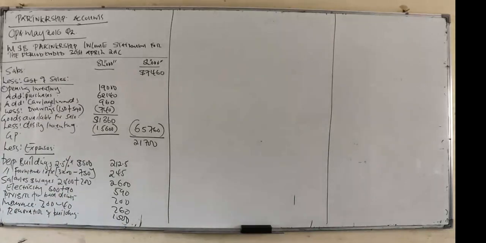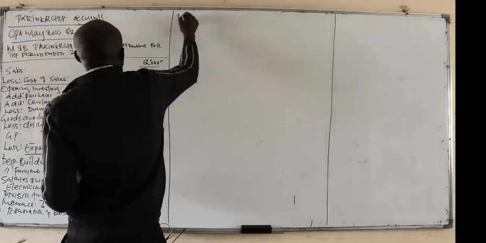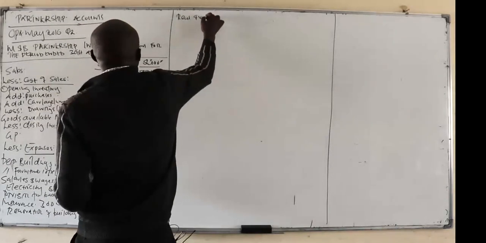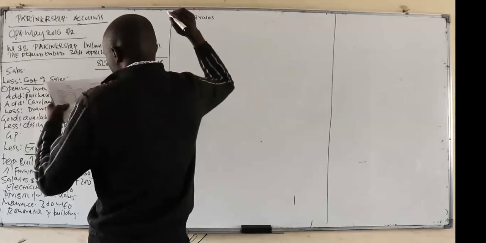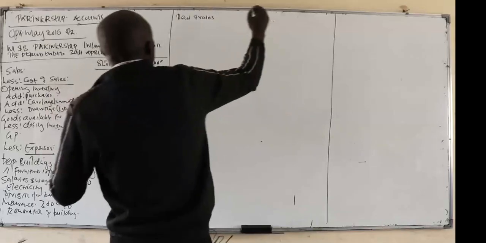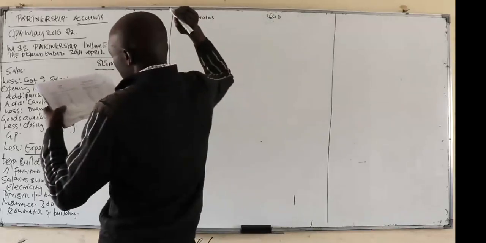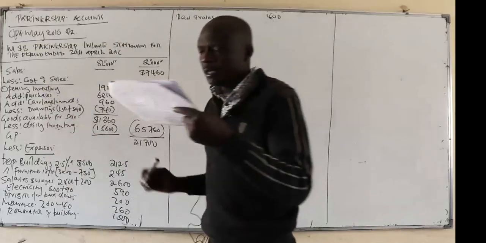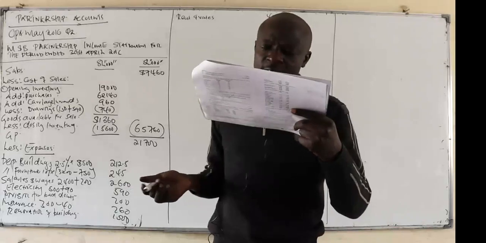From there, you go to sales, purchases, rent and rates. How much is it? 400. So you have there 400. Then we have general. Electricity, we have done it, isn't it?